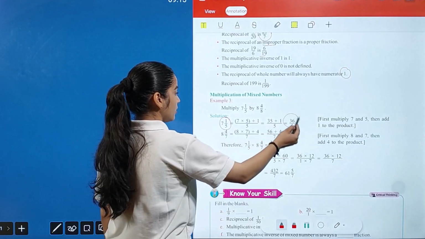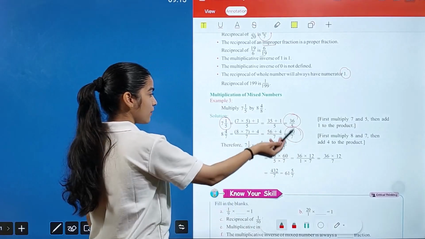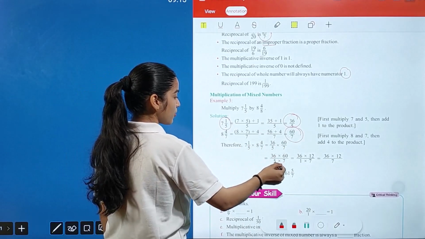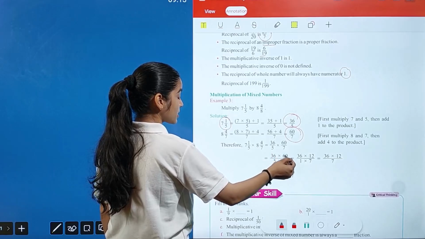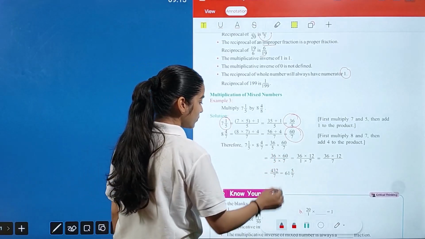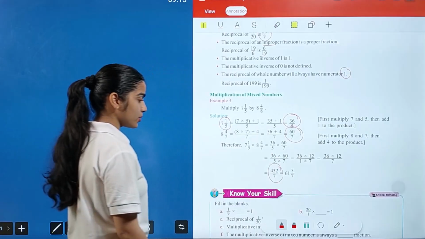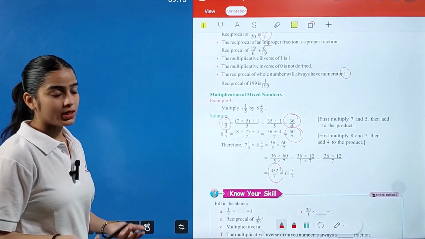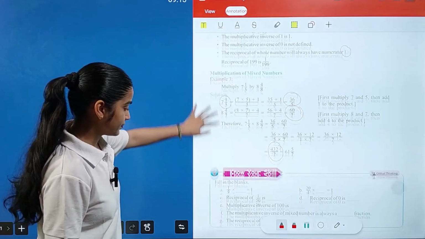So these are the two fractions you have. Now you have to multiply them. So 36 upon 5 multiplied by 60 upon 7, and you will get your answer, which is 432 upon 7, and further you can convert it into a mixed fraction.